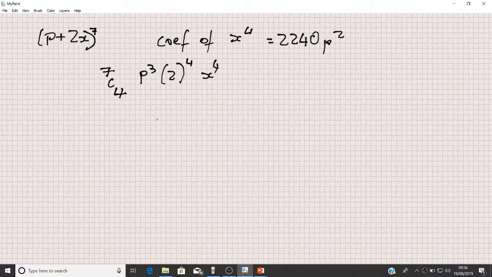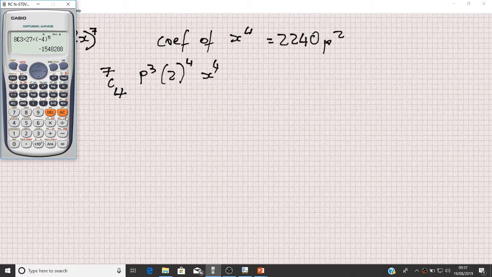So the coefficient we're interested in is 7C4 p cubed 2 to the power of 4. So let's take a look at that with the calculator. 7 shift C4 times 2 to the power of 4, which is 16.